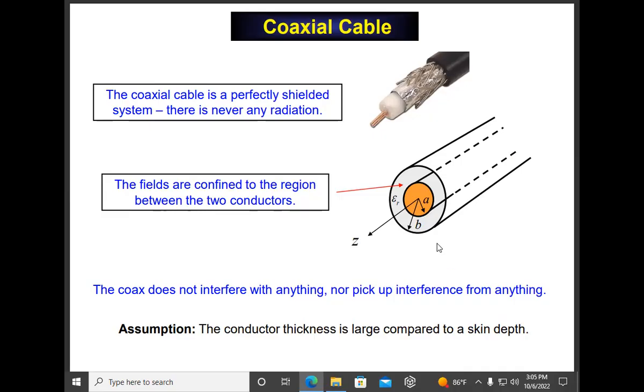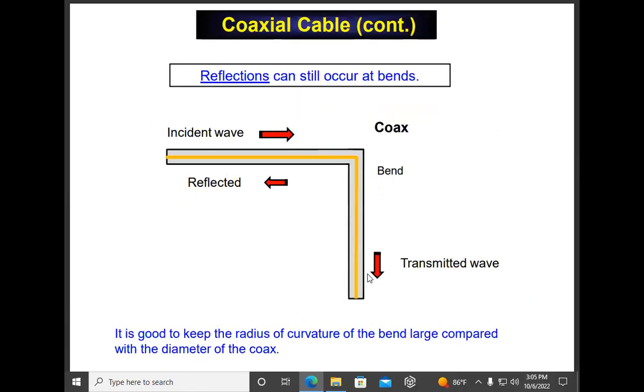So the coax will never radiate and interfere with another device or component, nor will it pick up any interference. That shield will prevent it, as long as the thickness is more than a few microns, thick compared to a skin depth. That's why I said before, coax is kind of the gold standard if you really don't want any EMI, any electromagnetic interference.